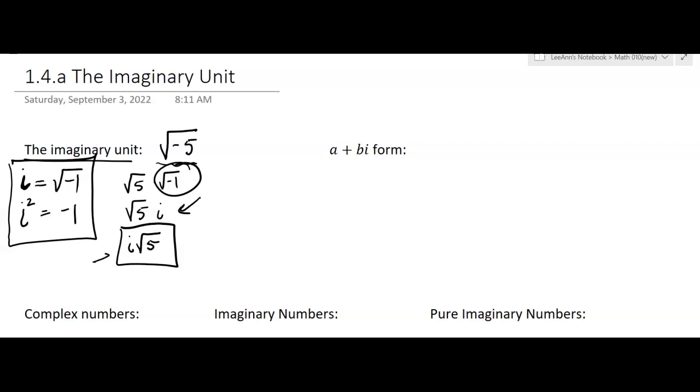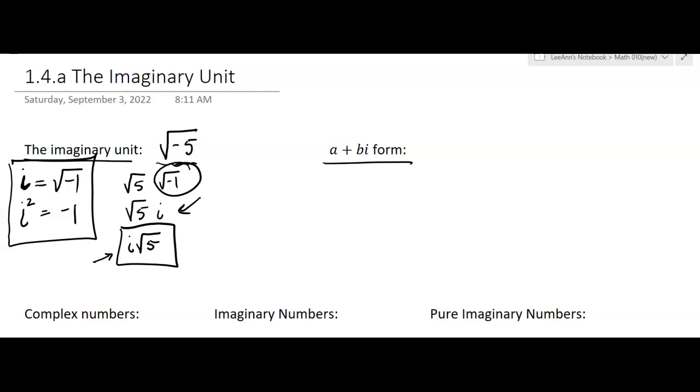This is called an imaginary number, okay, because it has the imaginary unit in it. All right. Anything that has i in it is part of the complex numbers, okay? I don't like the way I said that, but it's true. All complex numbers can be written in the form a plus bi. Now, that form, we are pretty faithful with using that form.